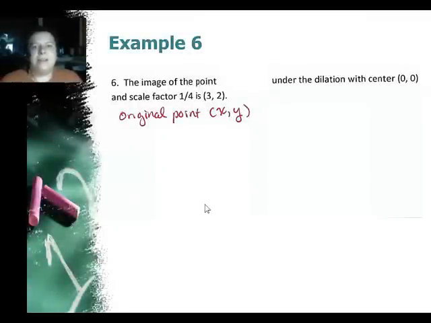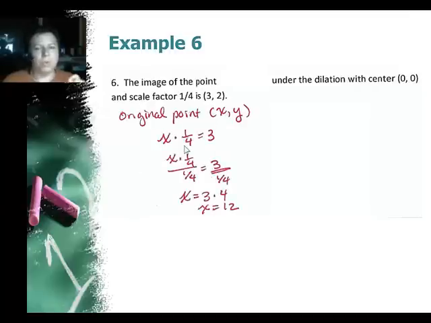And our last example, now they are giving us the image coordinates. They're telling us the scale factor, and they ask, what's the original pre-image? So we're going to go backwards. Although I actually set up an equation on here, the other way you could do this is just divide by 1/4. But let me show the equations because it's a little more rigorous and you need to practice your algebra anyways.